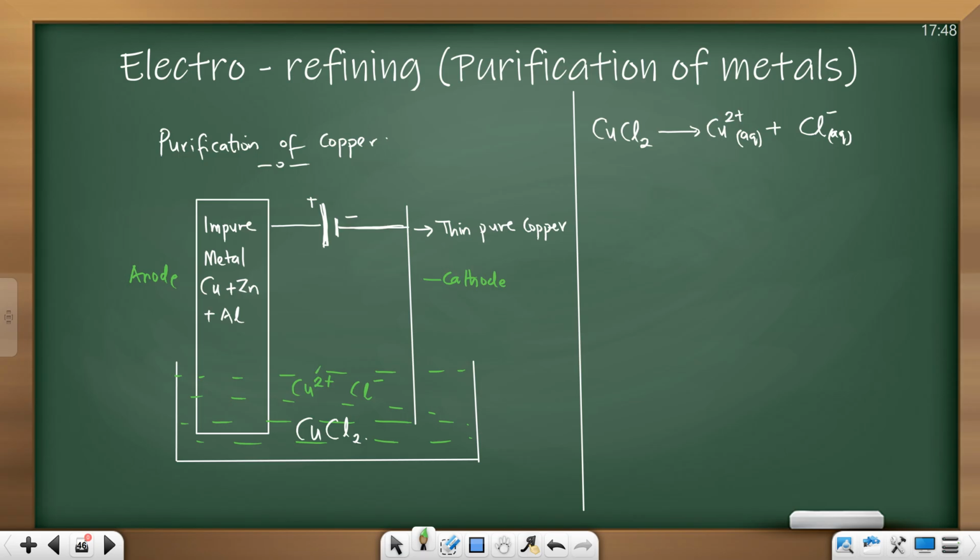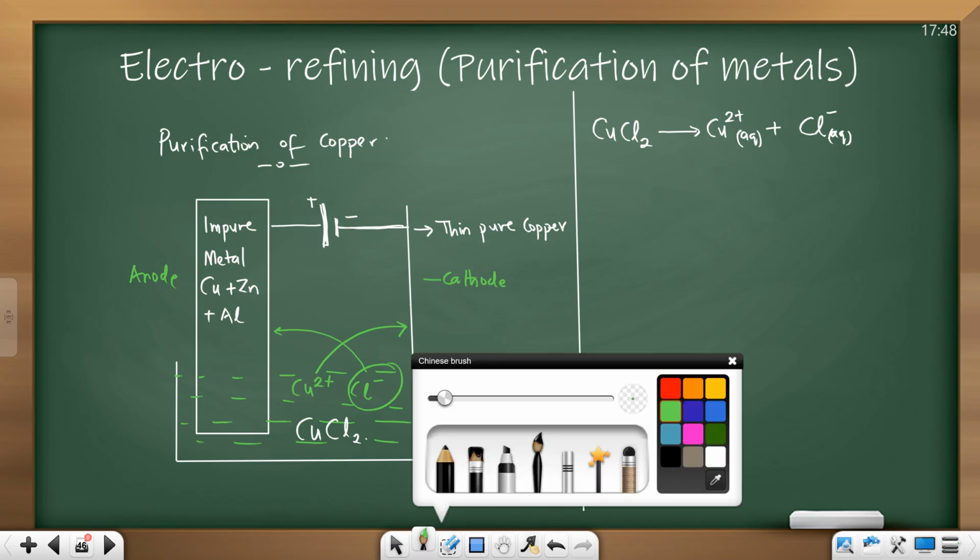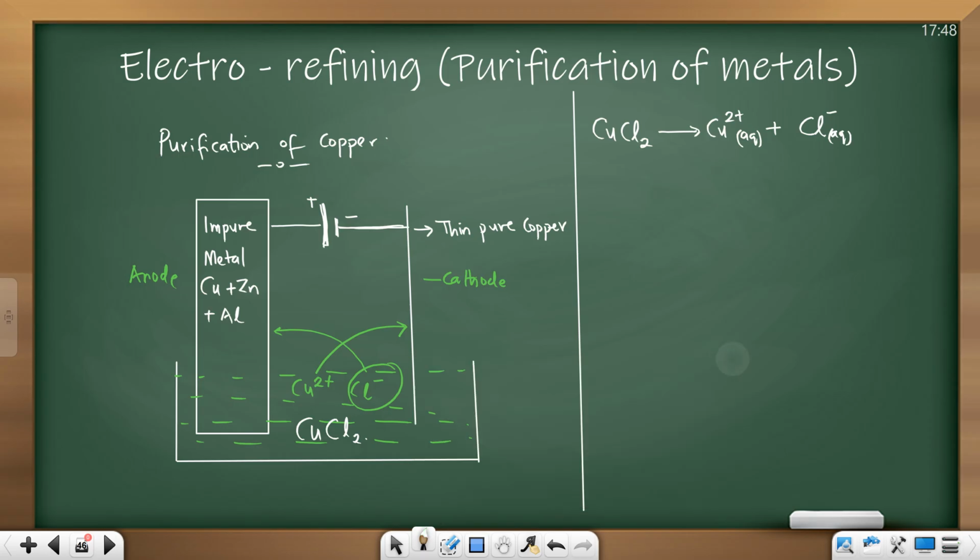This one would come here. And the Cl-, remember, like charges repel, and unlike will attract. But I want us to see what's going to happen. Since our focus is on copper, at the anode, the copper solid would be oxidized to what?